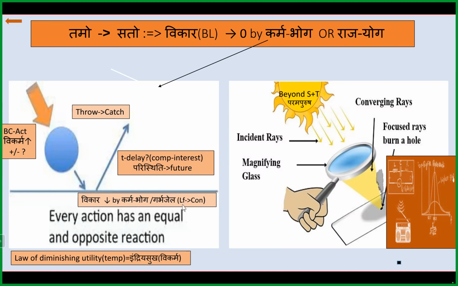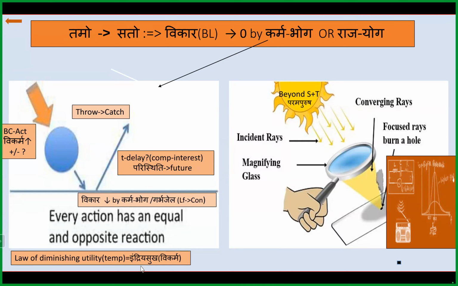Or even a garbh jail, where when the soul enters, it becomes conscious. When the soul enters, after 3 to 4 months or 4 to 5 months there is always a garbha jail for this particular soul. But because of the karma bhog, the soul gets purified.